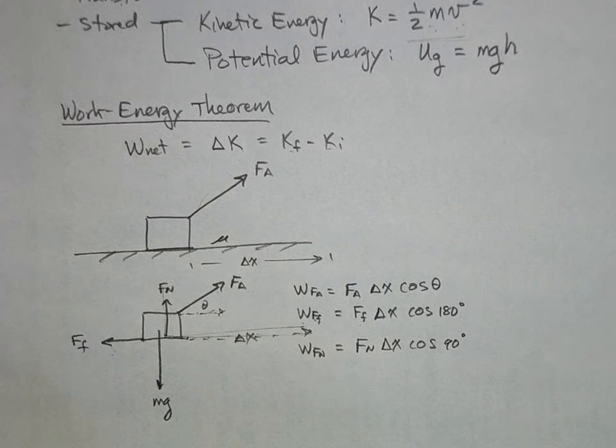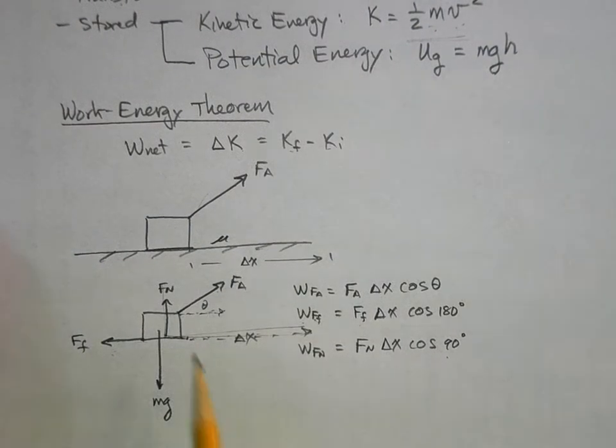Try it. Cosine 90 degrees. It's 0. Did you say 0? Yeah. And I didn't hear you. You got to say it loud and proud. All right. This is going to be 0.